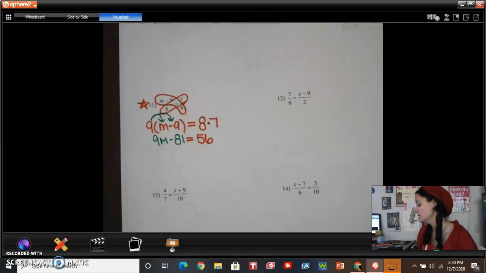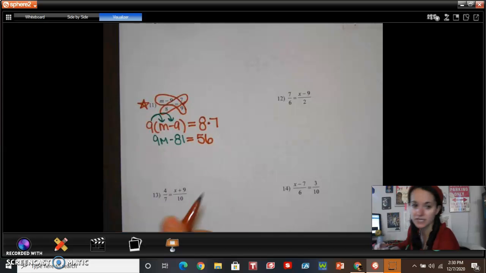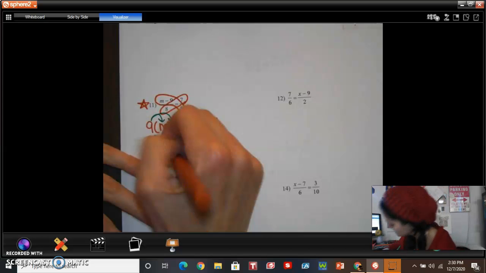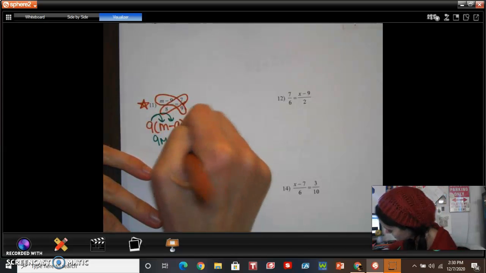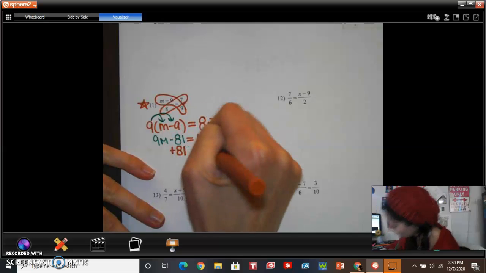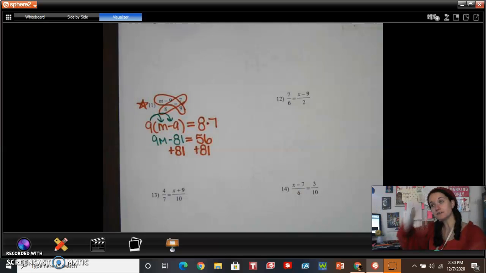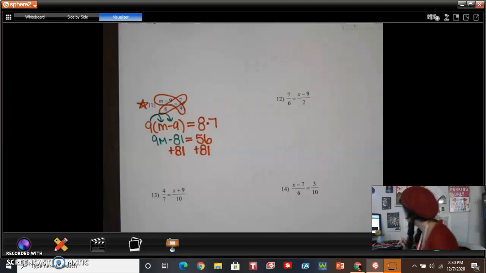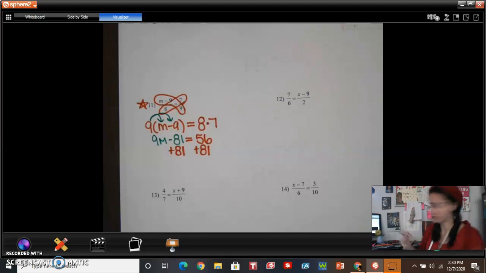All right, and then we want to solve. We want to solve by getting m by itself. Right now, it is being multiplied by 9 and subtracted by 81. Let's get rid of that subtraction first by adding. If you want to, you can do the whole line thing down the equal sign. You can do the whole variables and constants and all that jazz. So we have 56 plus 81, and that gets us 137.